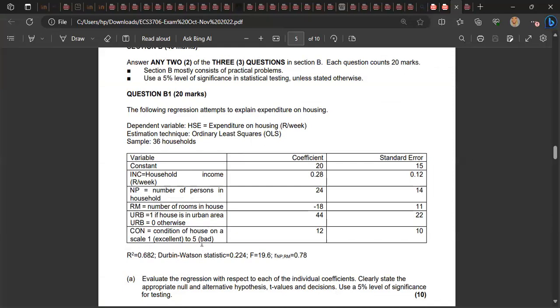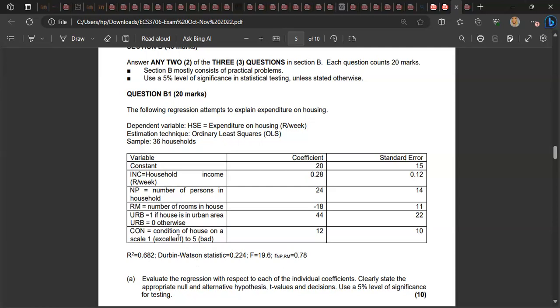If it's 5, then it's bad. From my expectations, for an excellent house, the expenditure on that housing needs to be higher.